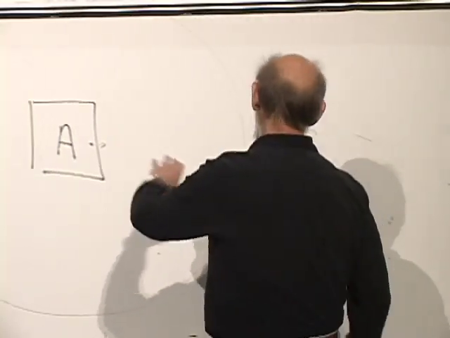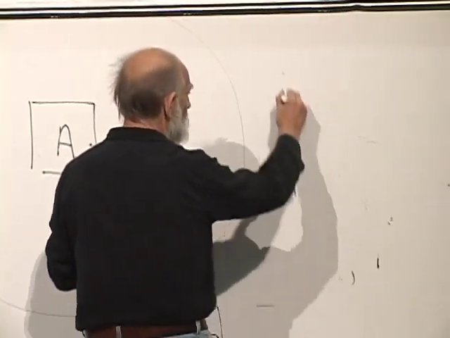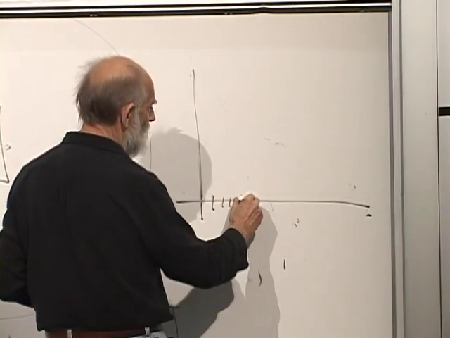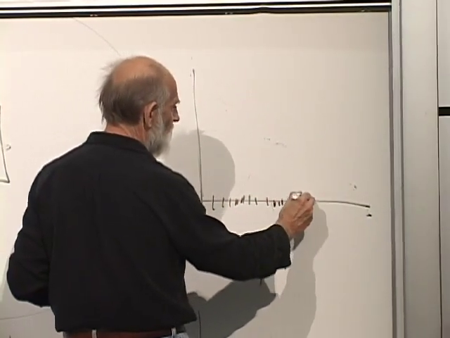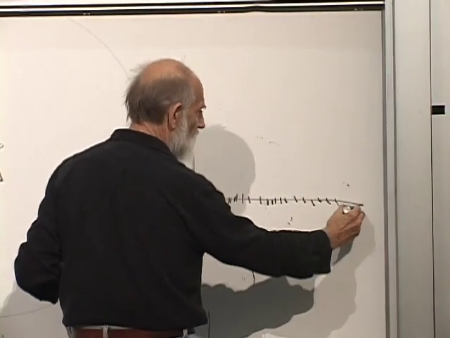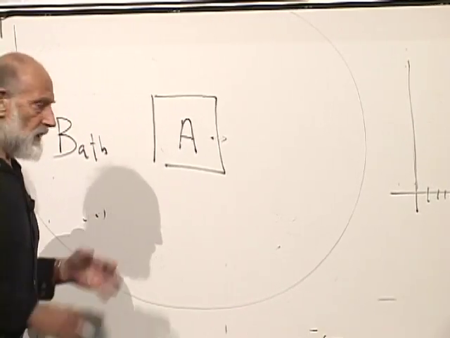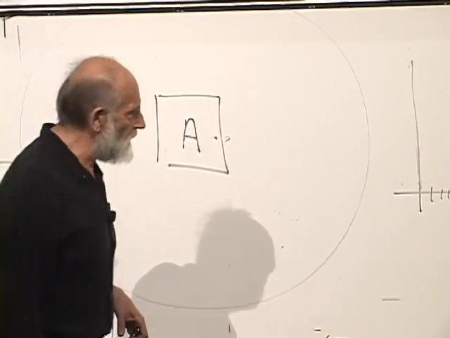In other words, the various configurations of A, let's plot them. Here are the various energy states of A, values of the energy. This is energy now. They may be discrete, they may be continuous, not important for us at the moment.